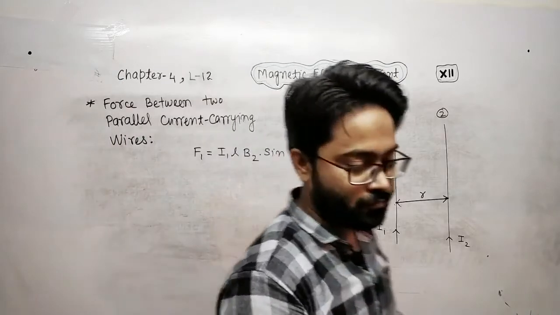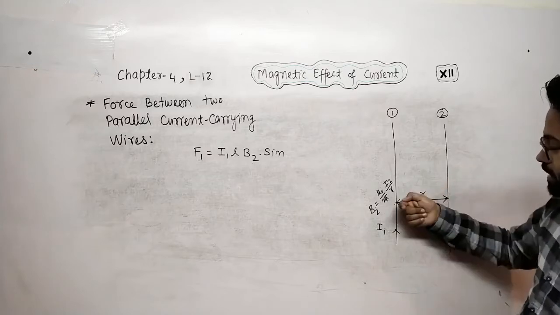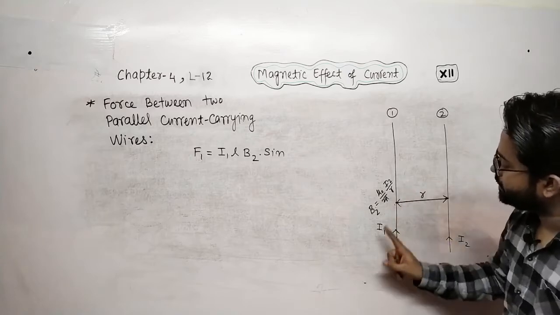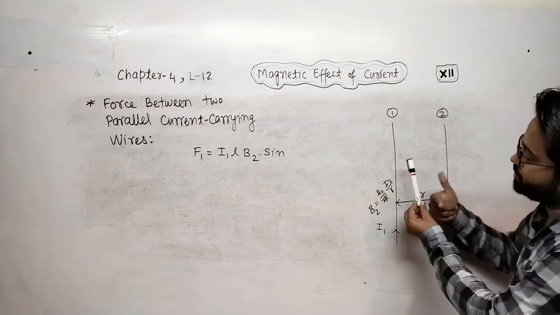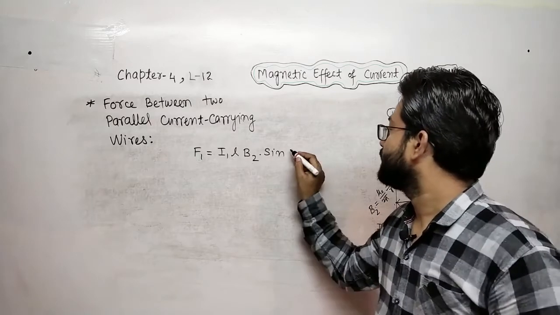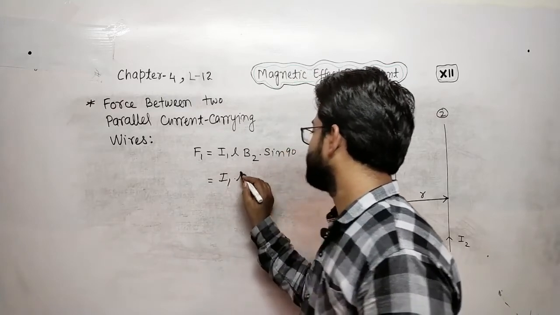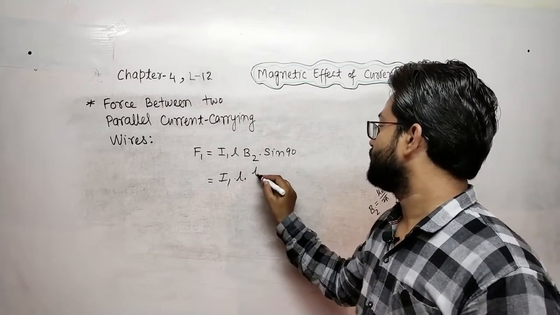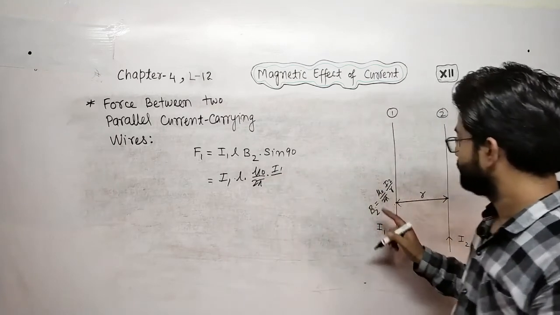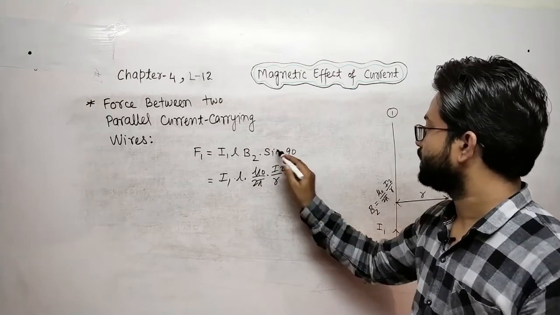In place of theta, what will we put? The magnetic field due to this wire at that point is out of the plane, and the current in this wire is in the upward direction. The angle between these two will be 90 degrees. So we take 90 degrees, and after calculation, this is I1, this is L, and in place of B2 you write mu naught upon 2 pi, I2 upon R, into sin 90, which is 1.